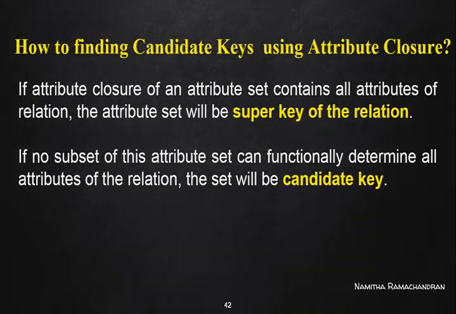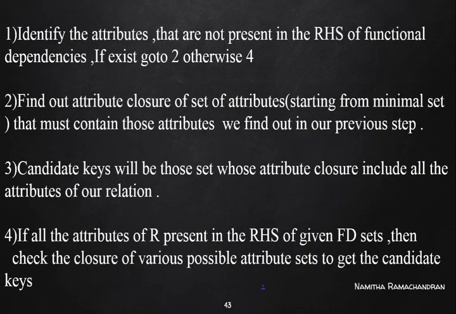Okay, so consider certain steps. The steps are used to identify various candidate keys of a given relation with the help of given functional dependencies. The first step: identify the attributes that are not present in the right hand side of the functional dependencies.